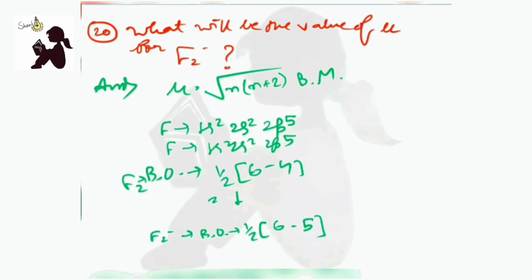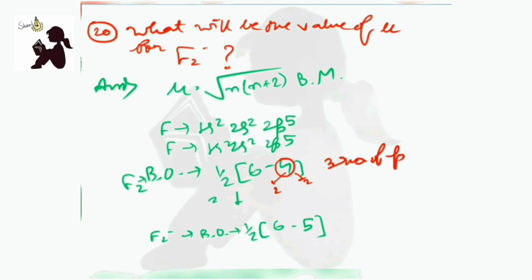From F2, you can see that in the anti-bonding p orbitals, 4 electrons go in as 2 pairs.